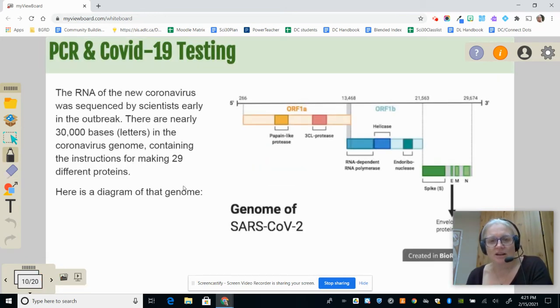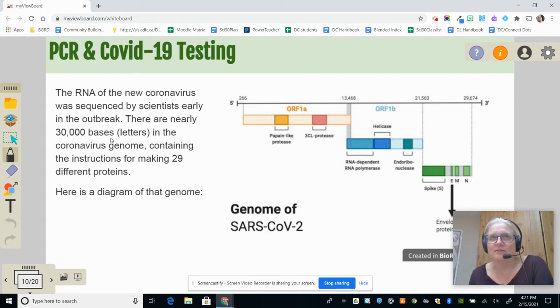And just another little tidbit here, about that RNA sequence. RNA is basically the same thing as DNA, you can think of it that way. It's just another way that our genetic information can be passed on, and viruses have RNA in them as well. This RNA from the virus that causes COVID-19 is about 30,000 bases long.